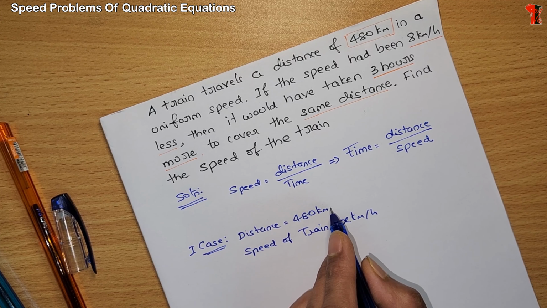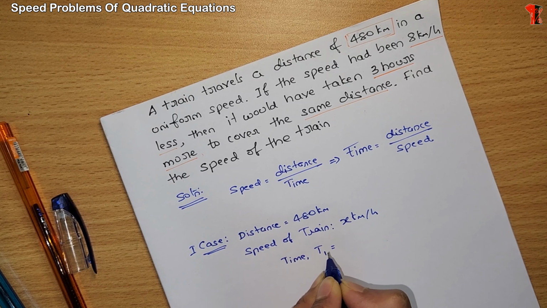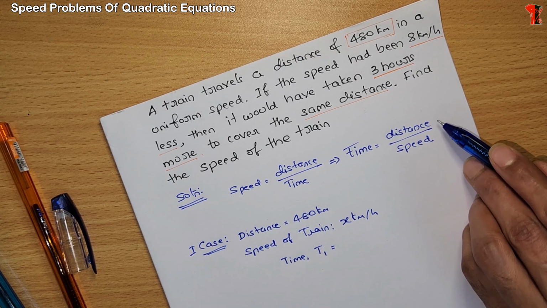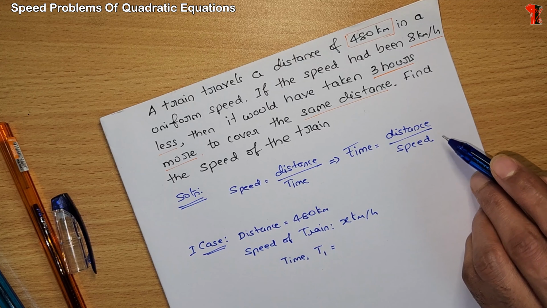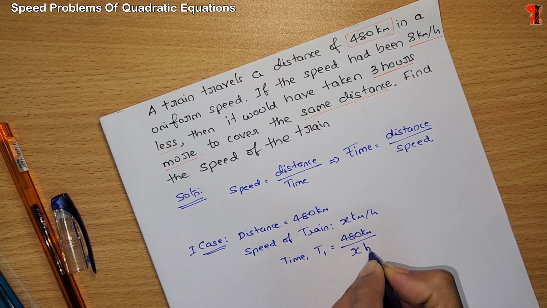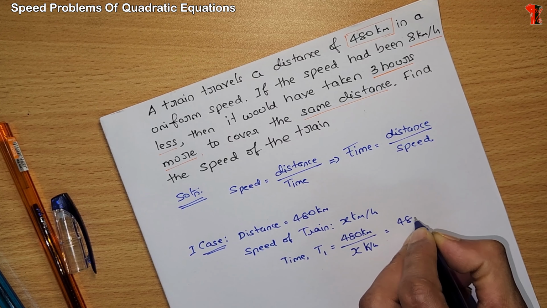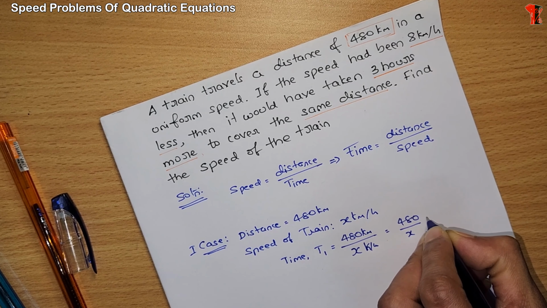Therefore, what will be the time? Let me take it as time t1. The time formula is distance by speed, so we can write this as 480 by x hours.